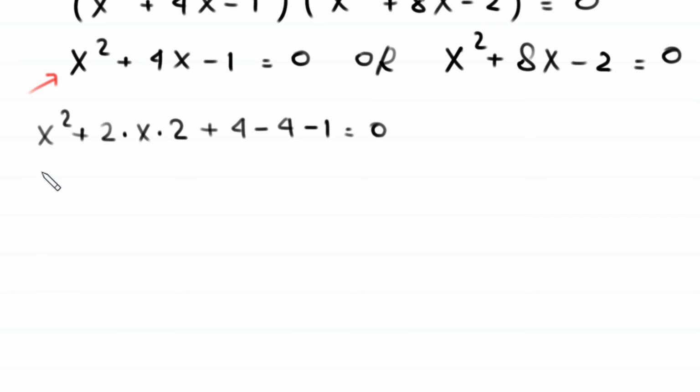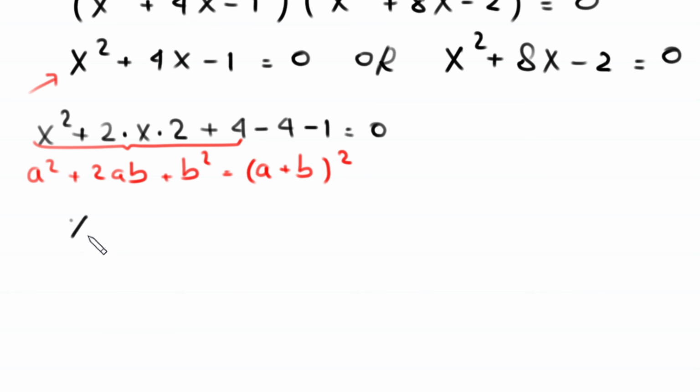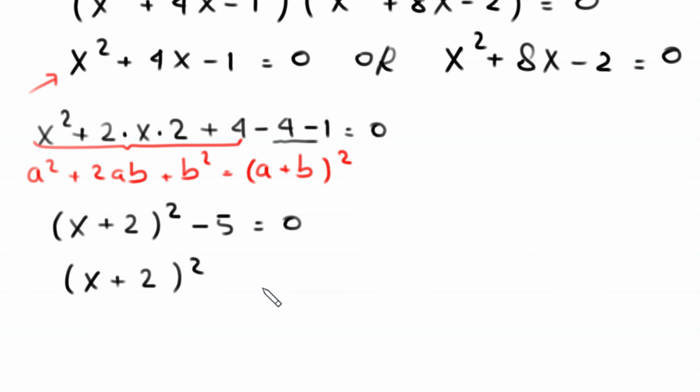By using the algebraic identity a squared plus 2ab plus b squared equals (a plus b) whole squared, this x squared plus 2 times x times 2 plus 4 will become (x plus 2) whole squared. This negative 4 minus 1 will become negative 5 equal to 0. Move this negative 5 to the right hand side. This will become (x plus 2) whole squared equals 5, and we take the square root of both sides.